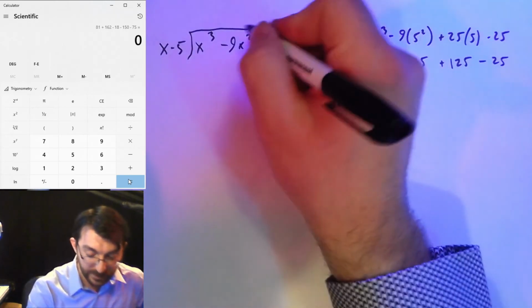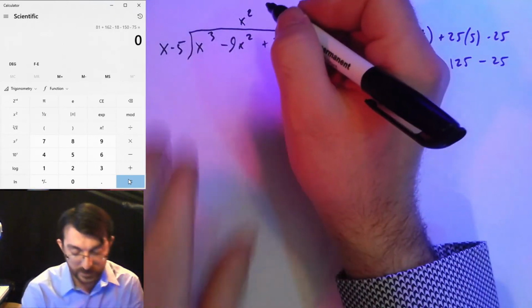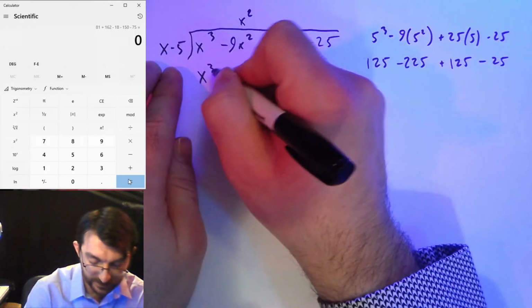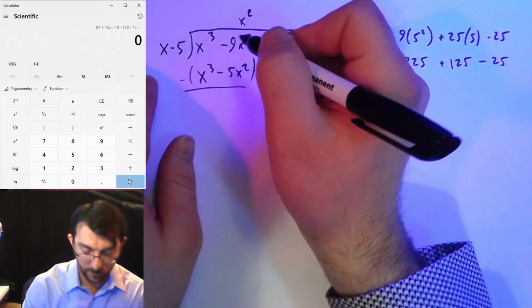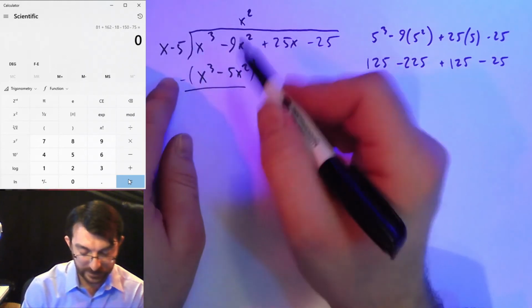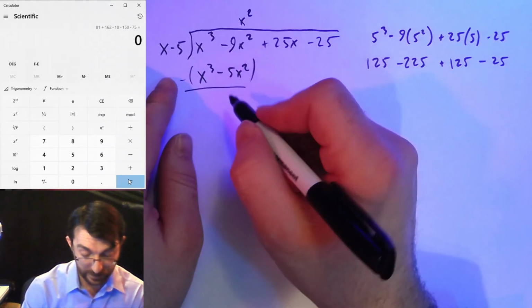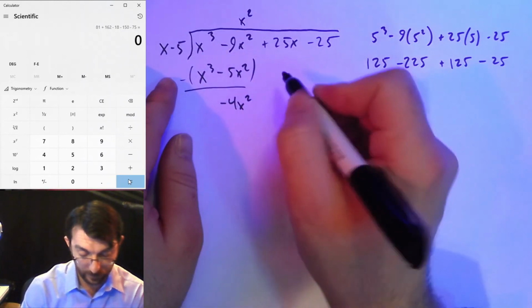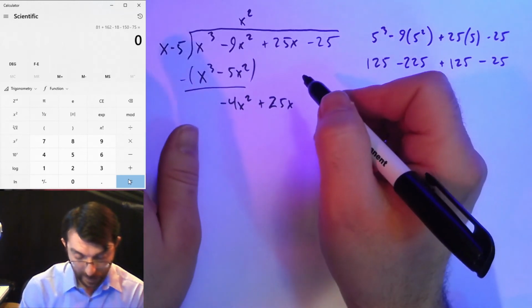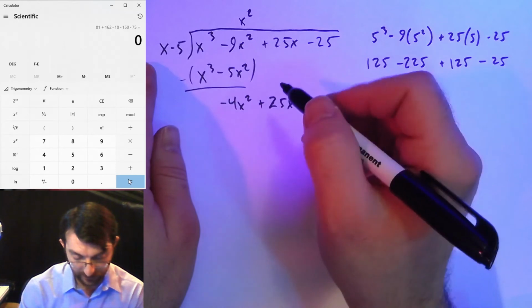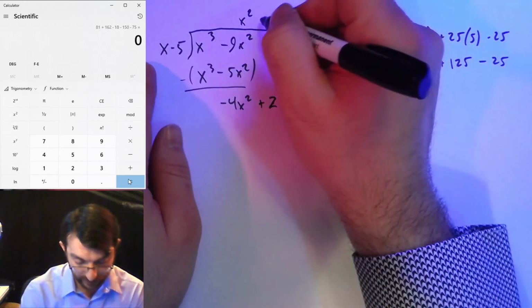X goes into x cubed, x squared times. x squared times x minus 5 is x cubed minus 5x squared. Negative 9 minus negative 5 is negative 4. Bring down the 25. X goes into negative 4x squared, negative 4x times.